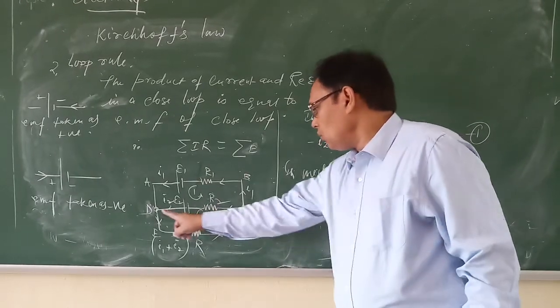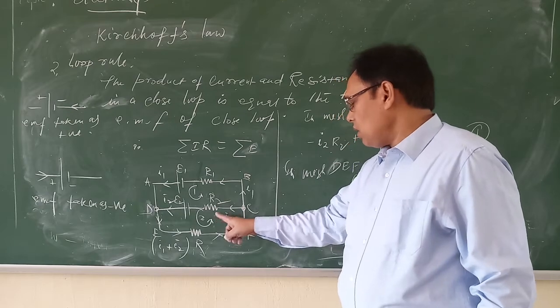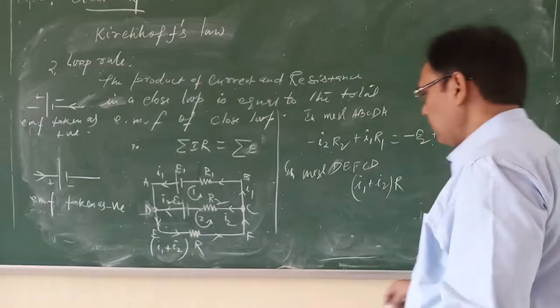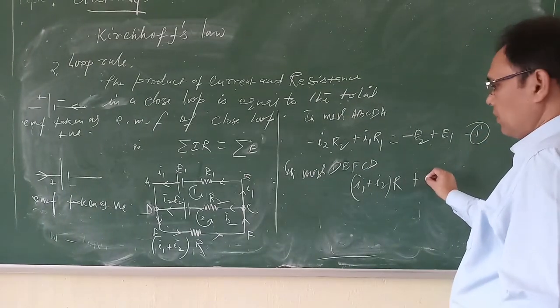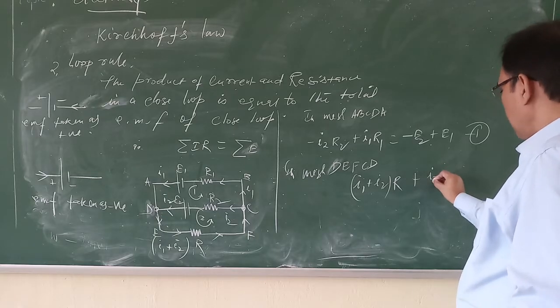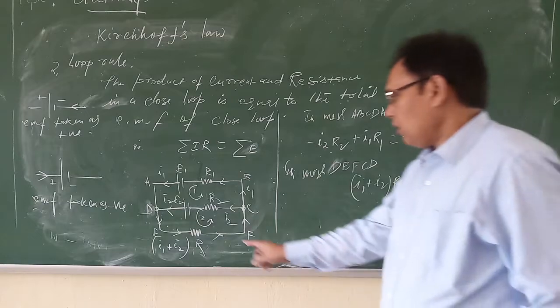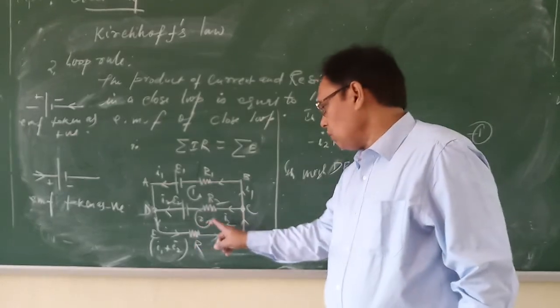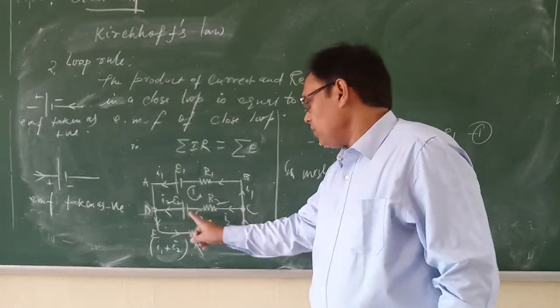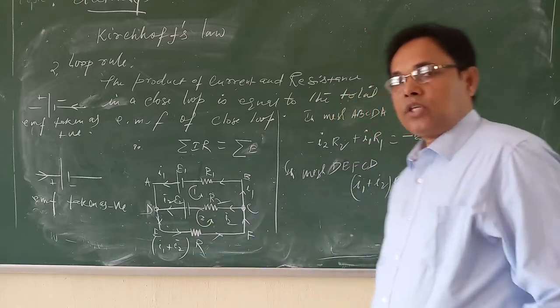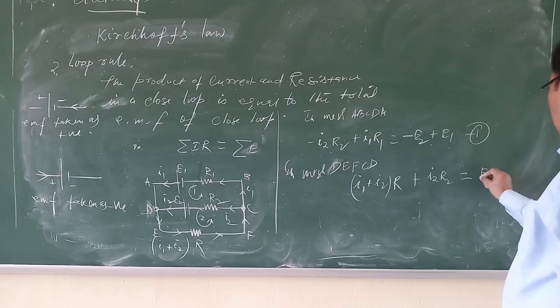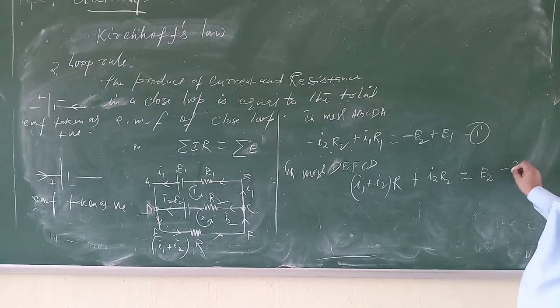Now C to D, there is resistance R2 and the current is in the same direction, so that value should be positive, I2 R2, equal to the total EMF. Only one cell is there in this circuit, and you are moving from C to D, negative to positive, so that value should be positive, E2. This is equation number 2.